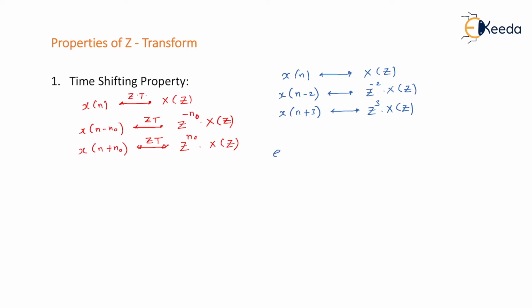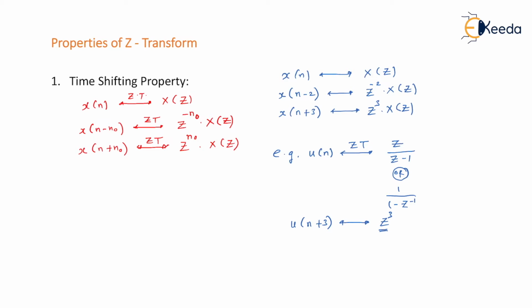For example, let's say we have signal u of n for which we have Z transform as Z upon Z minus 1, or we can write this way also, 1 upon 1 minus Z inverse. Then u of n plus 3 would be considered as Z cube.